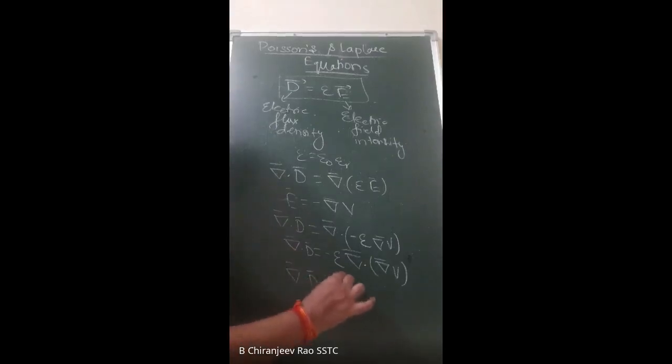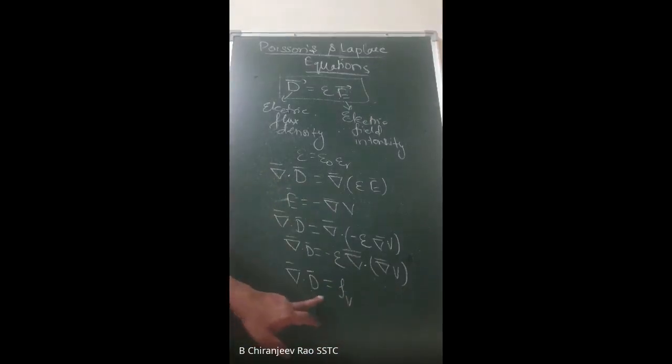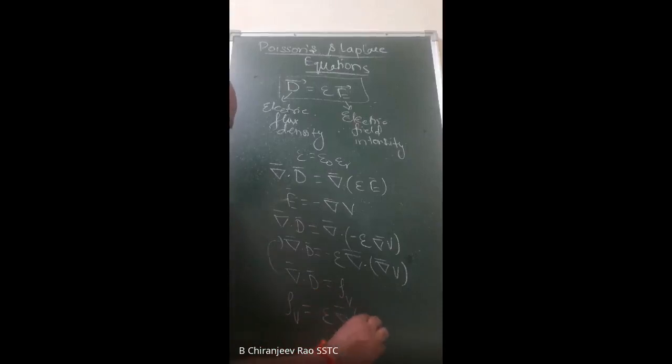By Maxwell's first equation, divergence D is equal to rho v. So substituting this, rho v is equal to minus epsilon vector operator dot vector operator on V.